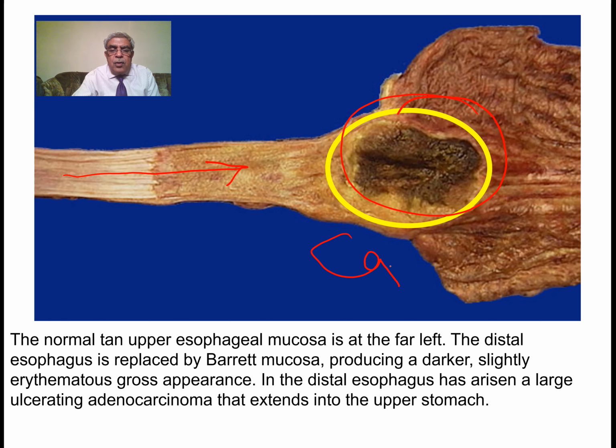The normal tan brown upper esophagus mucosa is at the far left, that is, the distal is replaced by Barrett's mucosa, which is producing a darker, slightly erythematous gross appearance. In the distal esophagus has arisen a large ulcerating adenocarcinoma which extends up to, this is the stomach.